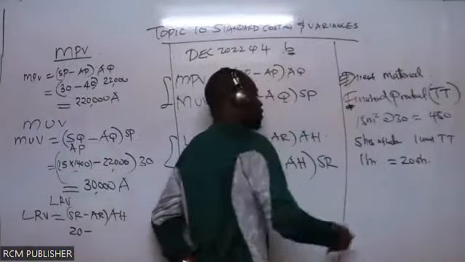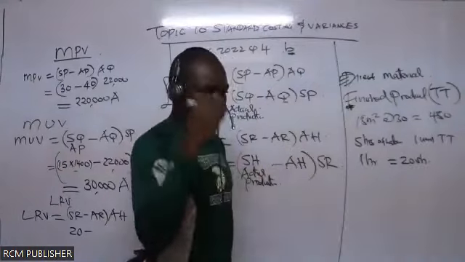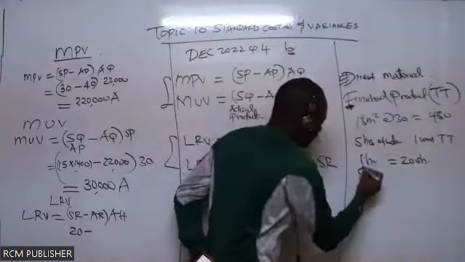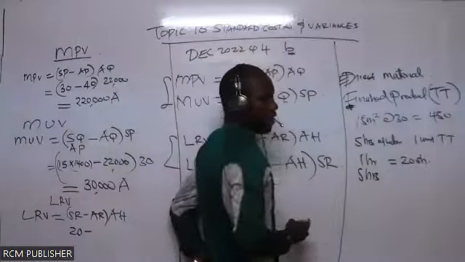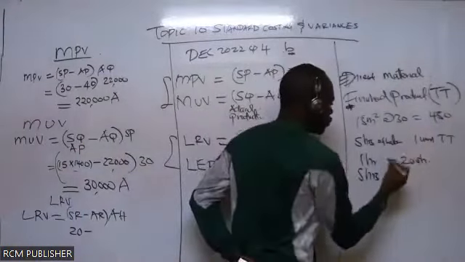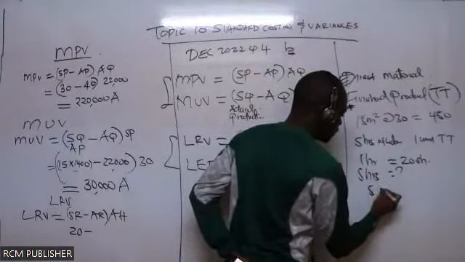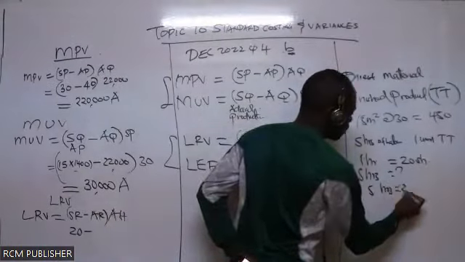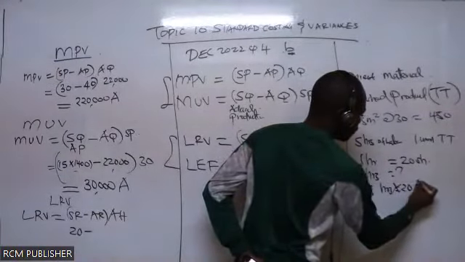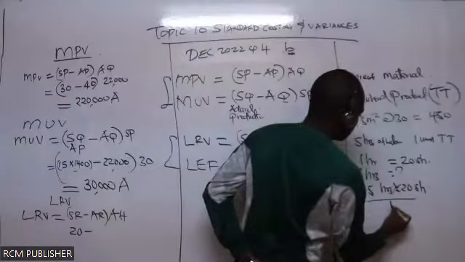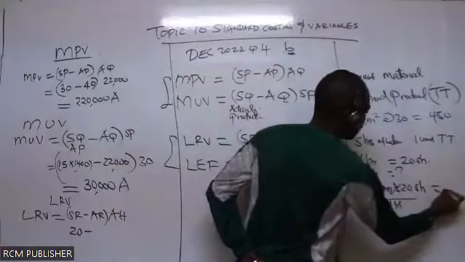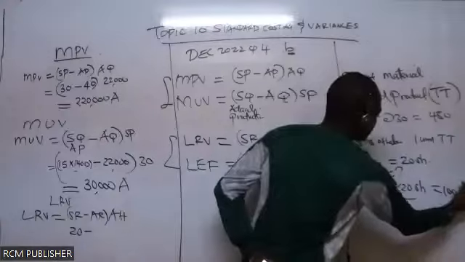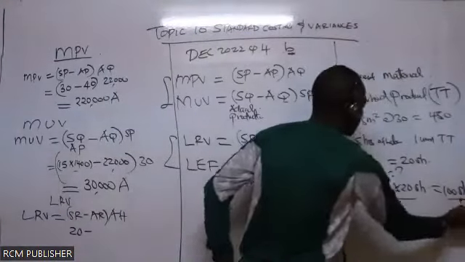But for us to produce a complete unit of TT, we need 5 hours. So the amount we are going to spend to produce 1 unit of TT is equivalent to 100 shillings. So what is the labor rate?